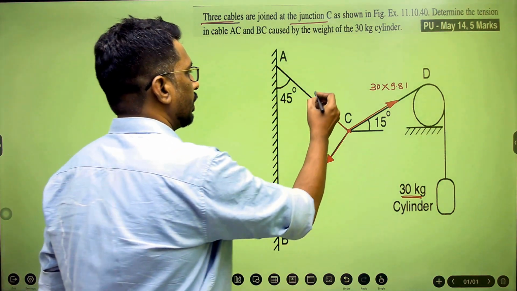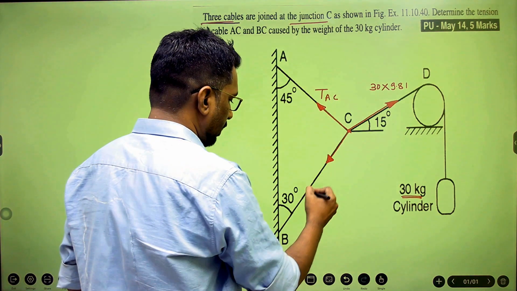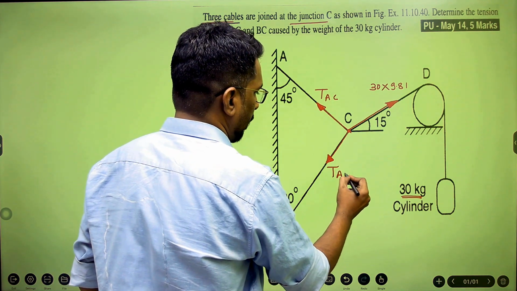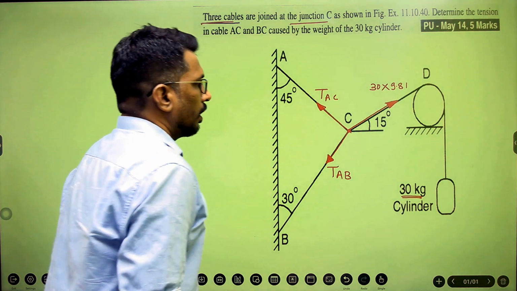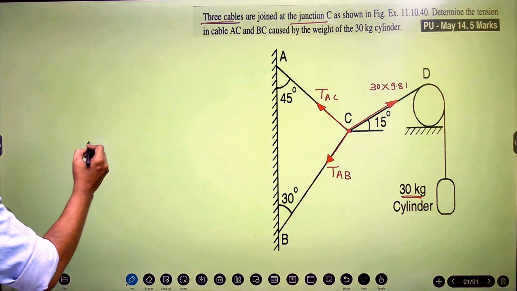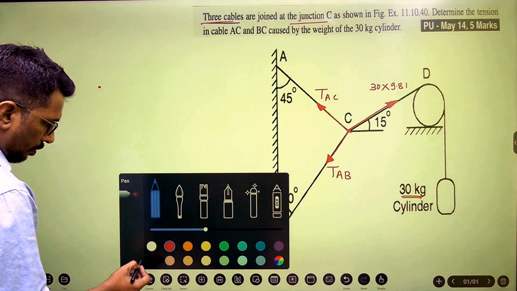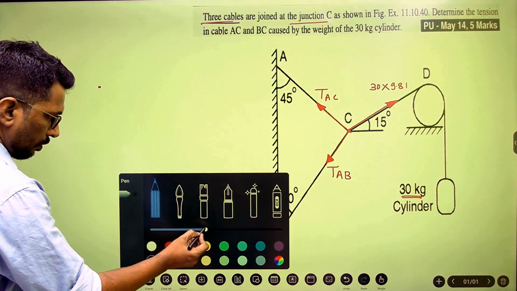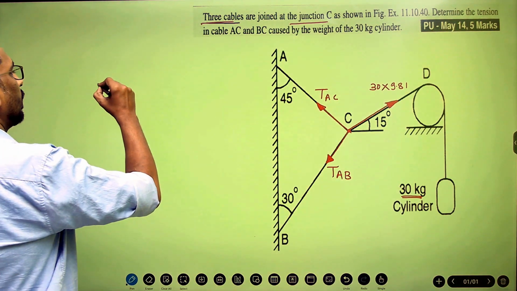Now this is tension AC and this is tension AB. Now I'll draw the same FBD over here. So the first force is 30 into 9.81.